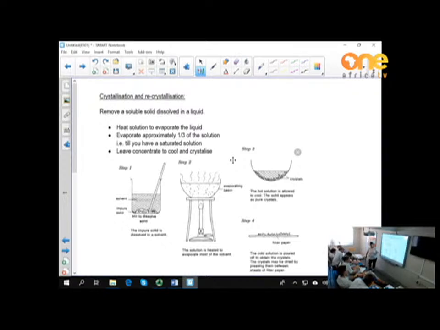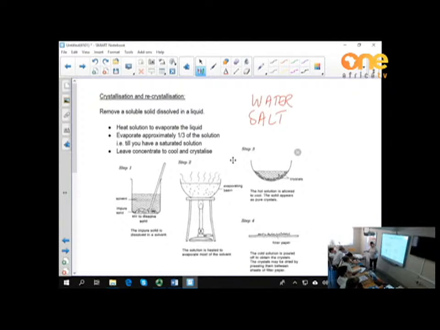Now, how does crystallization work? Let's say I've got water and normal table salt. I add table salt to the water and stir it, and the table salt will dissolve. I add some more table salt, I stir it, it's going to dissolve.